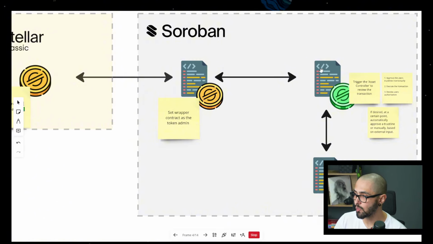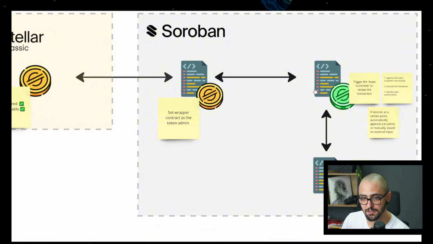This means that logic running on the wrapper contract can invoke admin functionality in here, and we make those functionalities available to the original issuer, or let's say a consortium of asset controllers, through the wrapper. So whoever has the rights in the wrapper to run the admin functions will trigger those through this contract. And the idea of doing that is to keep a programmatic way of approving and revoking authorization of these accounts.